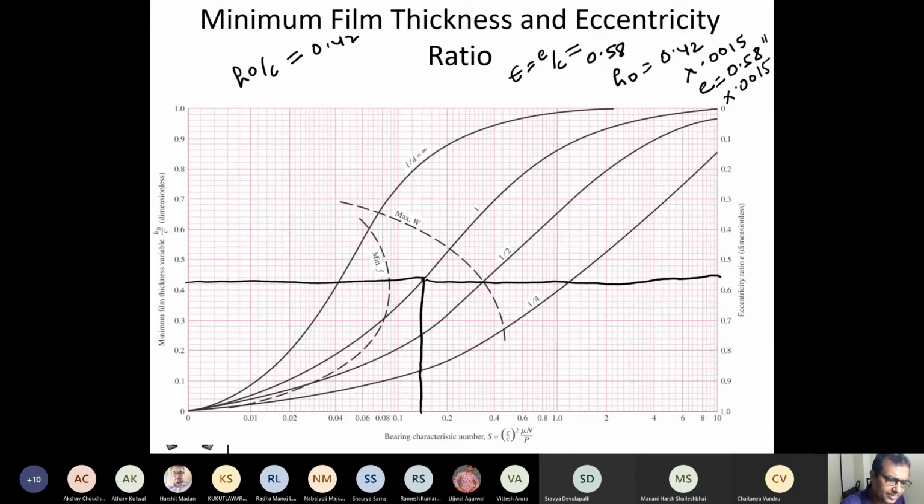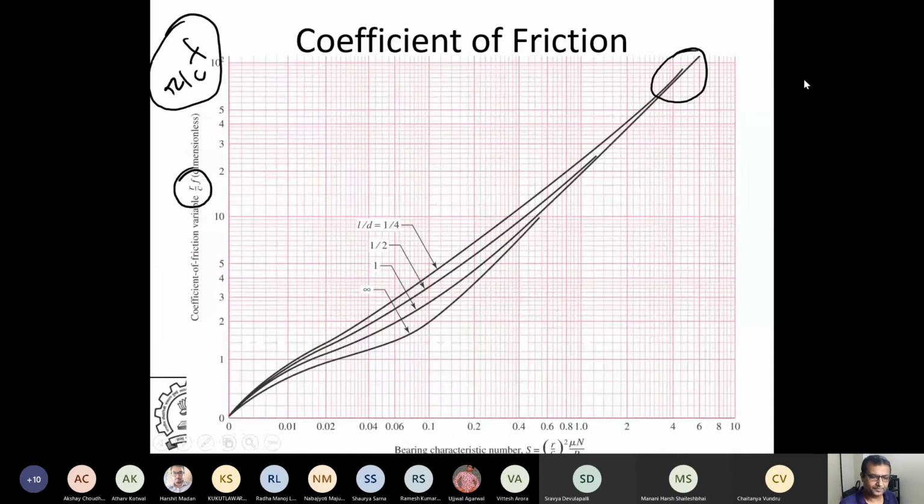H naught is also in inches. Okay, because they're using this chart, which is kind of an inches chart, unfortunately. But let me just go ahead and see what answers we get.